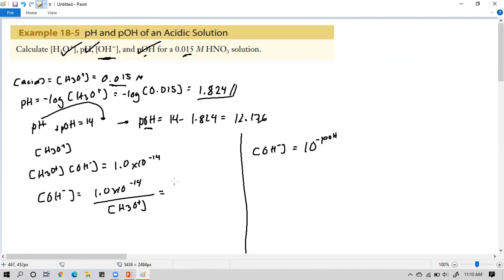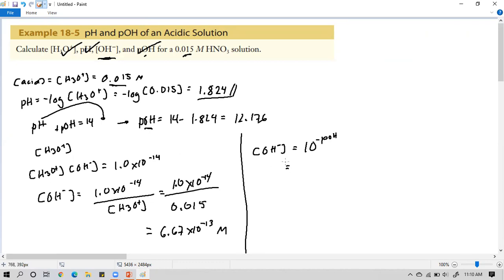Let's substitute to approach number 1 natin dito: 1.0 times 10 raised to negative 14 divided by the 0.015 molar. You will have the answer of 6.67 times 10 raised to negative 13 molar.